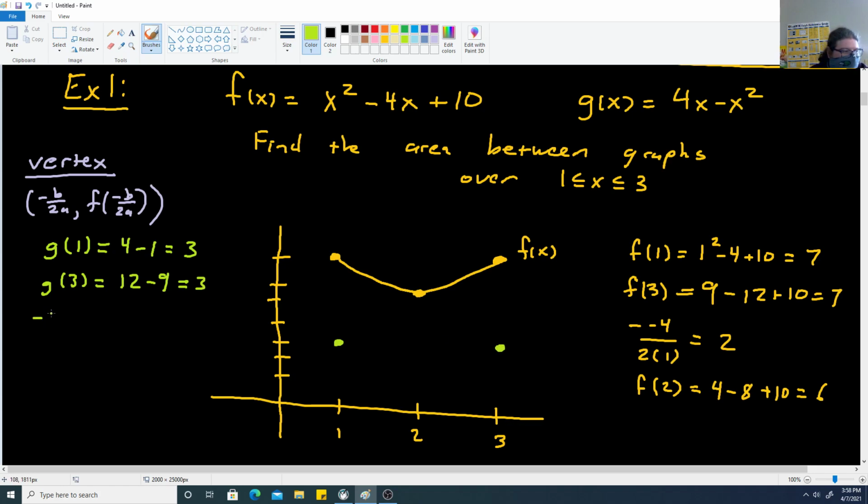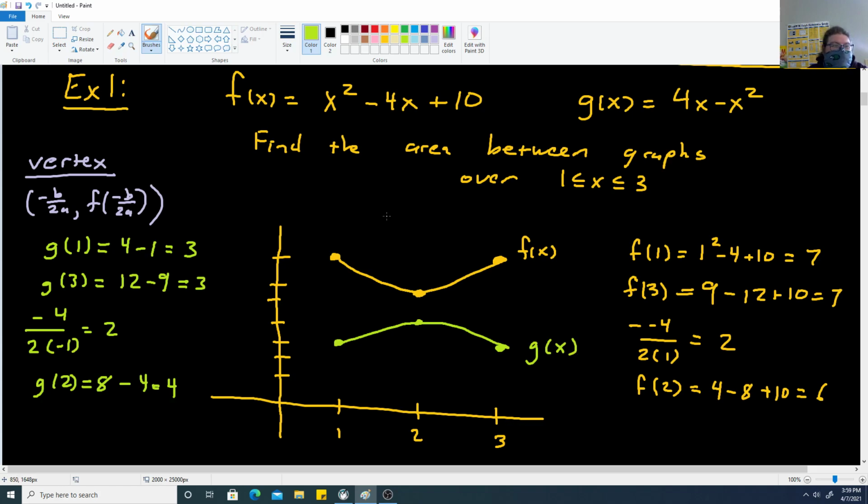And if I do negative b over 2a, b in this case is x's number, so that's negative 4 over 2 times a, the number in front of x squared, which is negative 1. So that's negative 4 over negative 2 is positive 2. So its vertex also happens to fall at 2. And g of 2 is 4 times 2 is 8, minus 2 squared is 4, which is 4. So 3, 4, here's the g of x function.